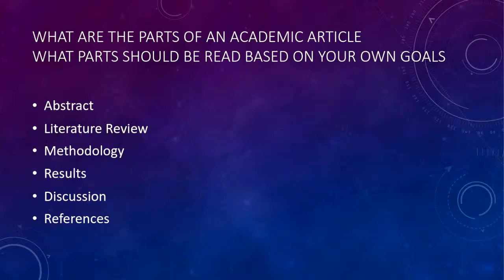Now, that being said, there are some academic articles that may, in fact, not have a methodology. They might be a literature review article in which a scholar goes through a bunch of different articles and pulls together a literature review on the subject.